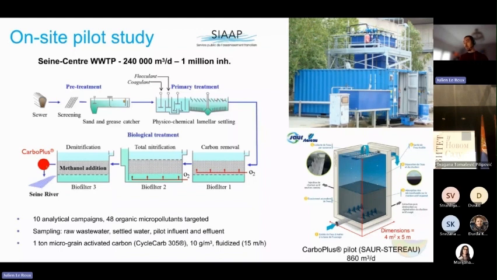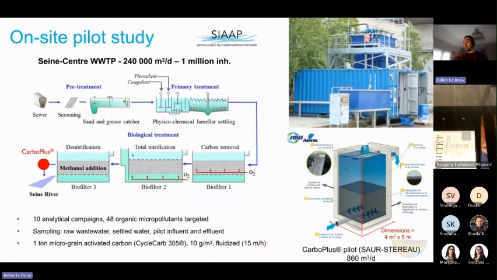This pilot was located just before the discharge. It was not treating the whole flow of the plant, because it's huge. The plant flow is 2,400 cubic meters per day, and the Carbo Plus pilot was only treating 860 cubic meters per day.